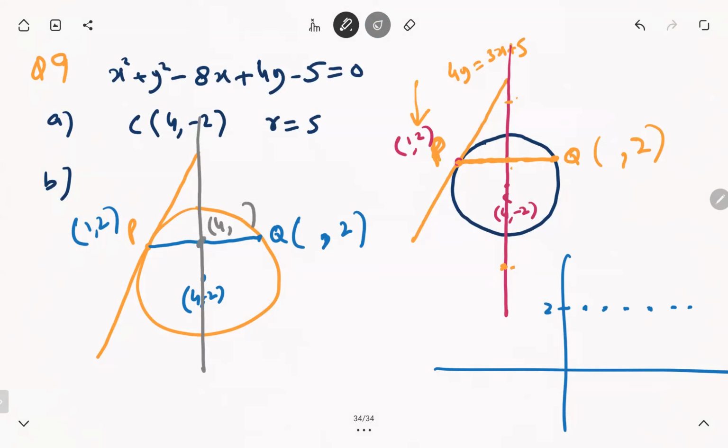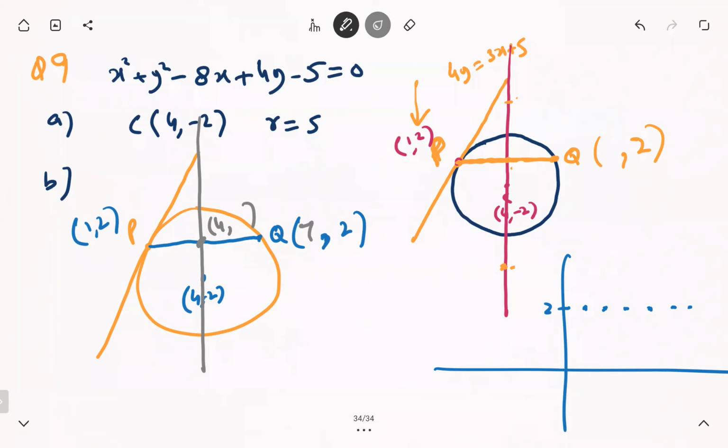By using that, we can tell the X coordinate of Q as well, because that particular point will become the midpoint of P and Q. So using the midpoint formula, or simply by comparing, 1 plus 3 is 4, 4 plus 3 is 7. So the coordinates of Q will become 7, 2. Is that clear? That was your C part.